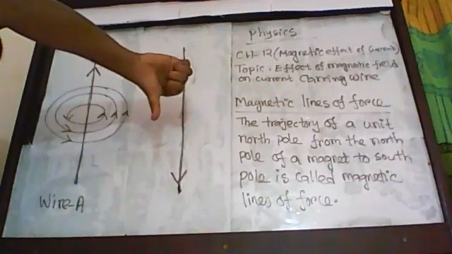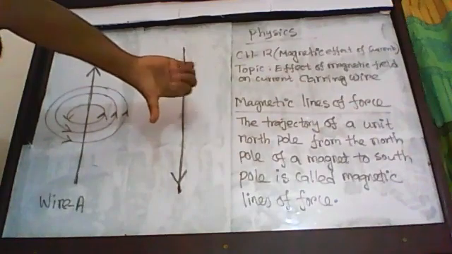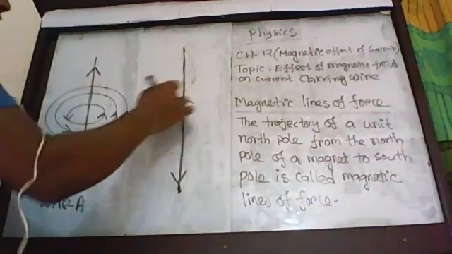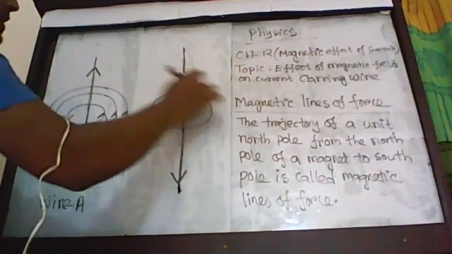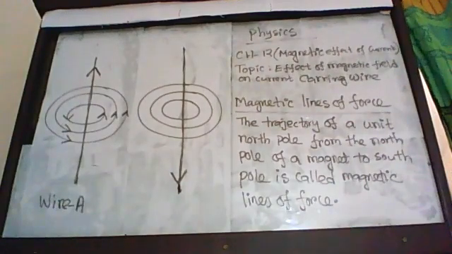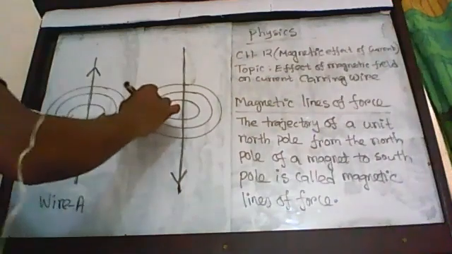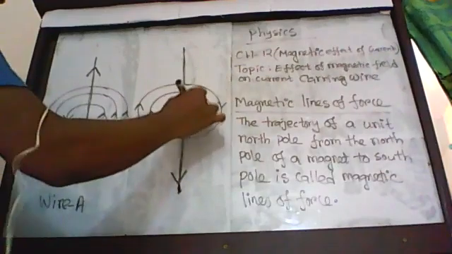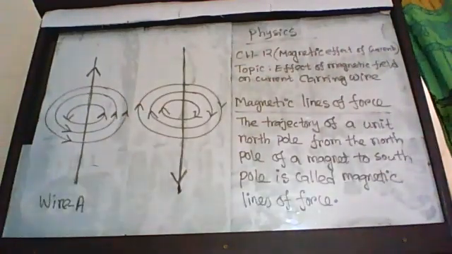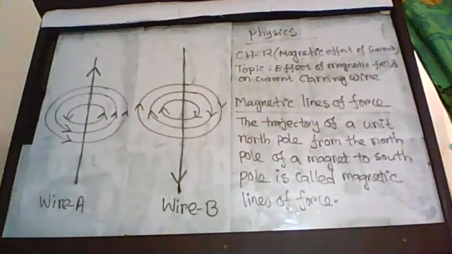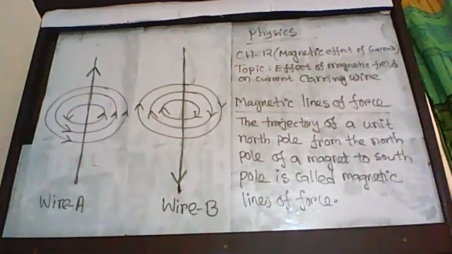For the case of wire B, this magnetic field is acting around it in the opposite direction, so it just moves in this direction.